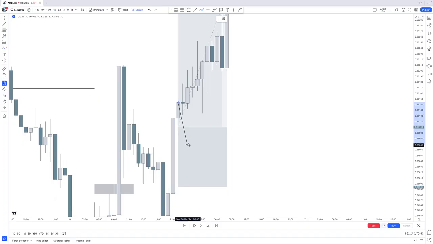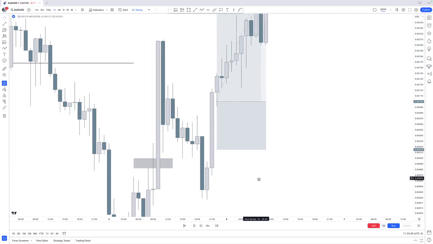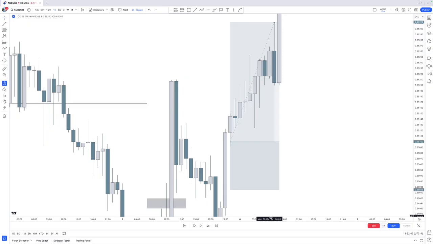Perfect. It's not going to be a deep retracement into it. So the stop loss doesn't need to be all the way below those lows. It just needs to be in a place where in worst case scenario, we might be retracing. And if we retrace into this area right here, then I don't even want to be in a trade because that's low probability for me.